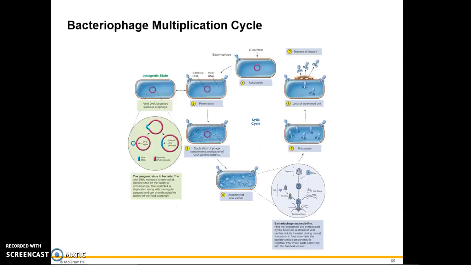This figure is kind of hard to see on here, but it is in your book. It's figure 6.16. And it is showing the different steps of the bacteriophage multiplication cycle, starting with adsorption, penetration, duplication, assembly, maturation, and then the lysis and release.